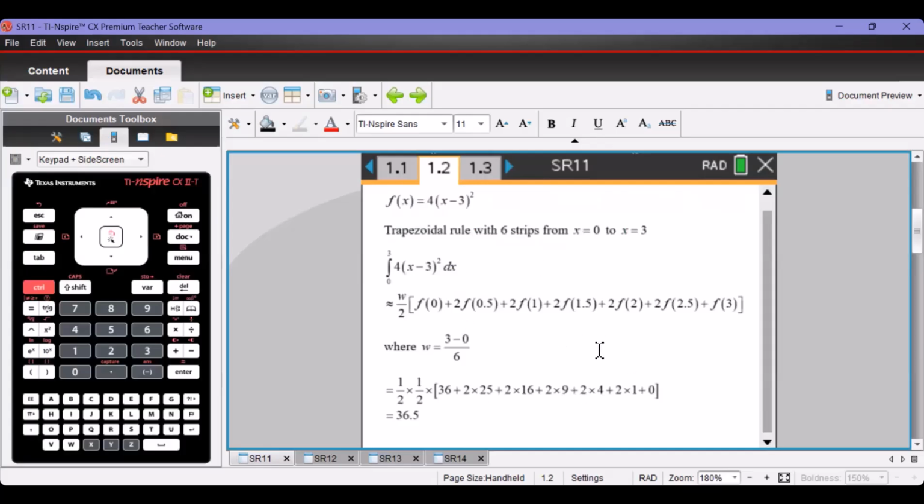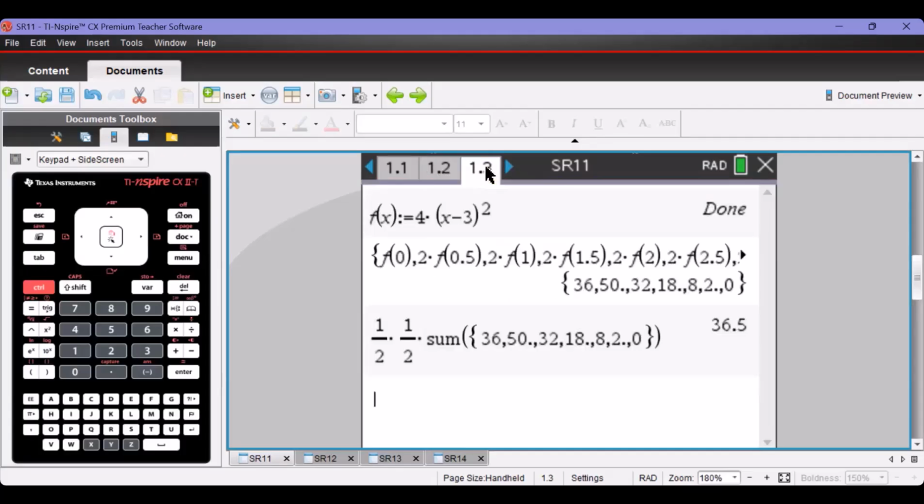Let's have a look at how TI-nspire can assist in the solution to the question. I think it's a really good idea here to assign f of x to be that quadratic, and that's what I've done here. To show you how to do that, we type in f of x like so.